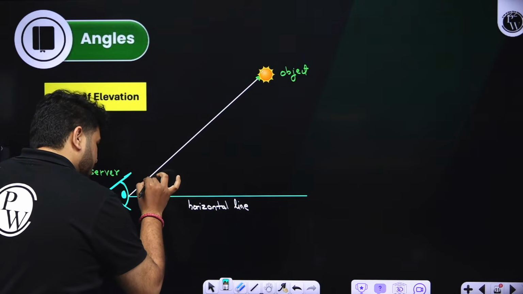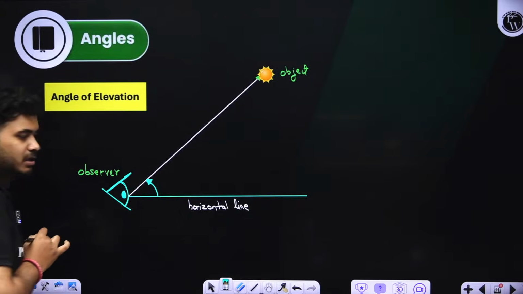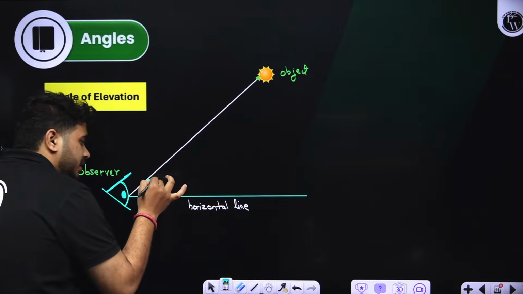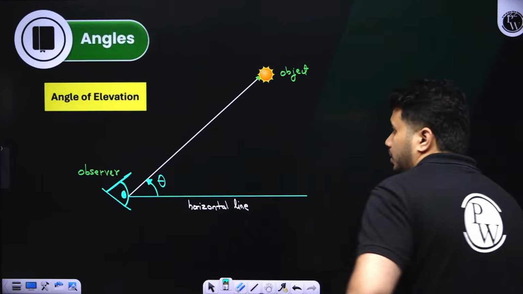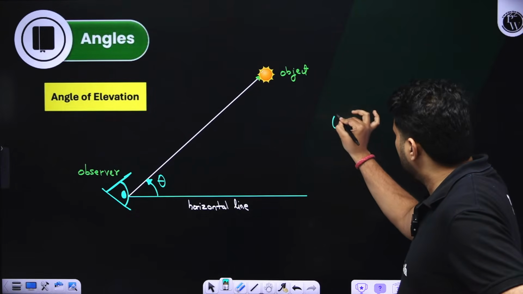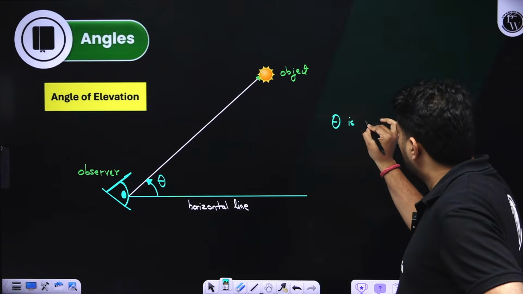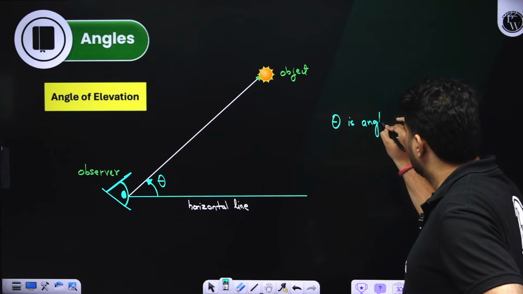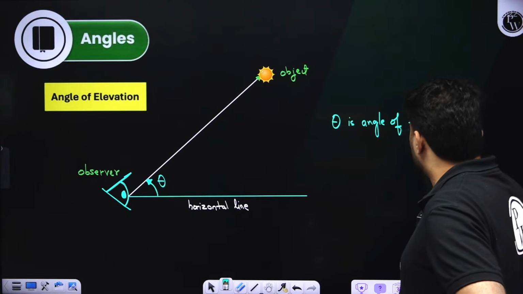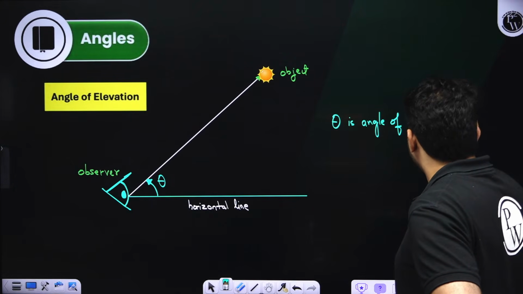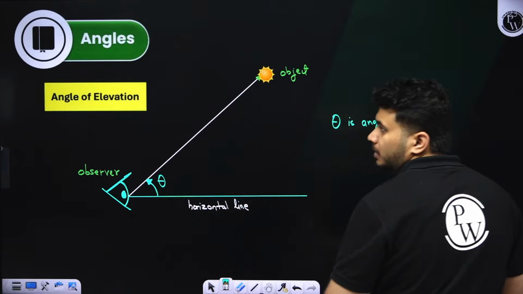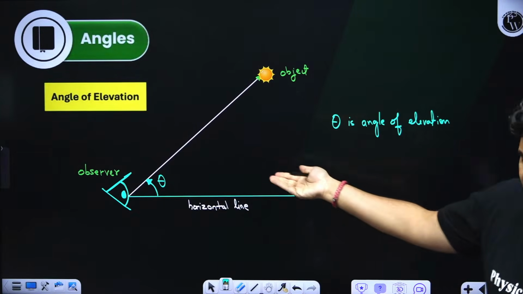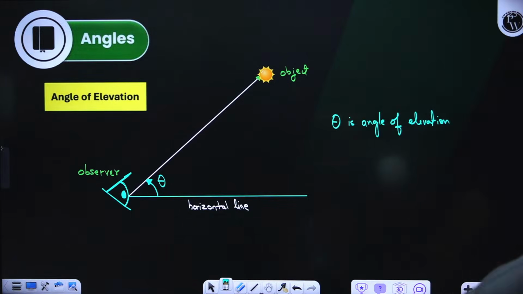Clear? Understood? So such an angle theta is called nothing but what? Angle of elevation. Theta is angle of elevation. Clear? In simple words, if the angle comes above the horizontal line, it is angle of elevation; if it comes below the horizontal line, it is angle of depression. That is what I will tell you next now.